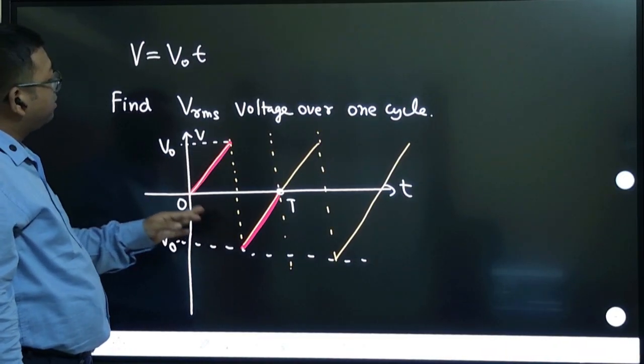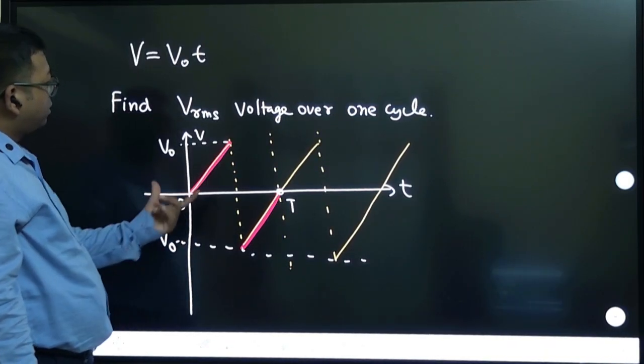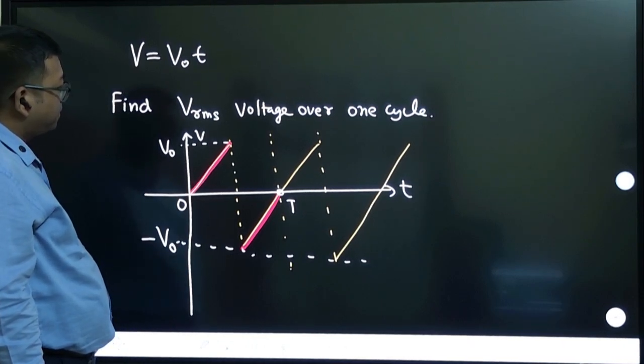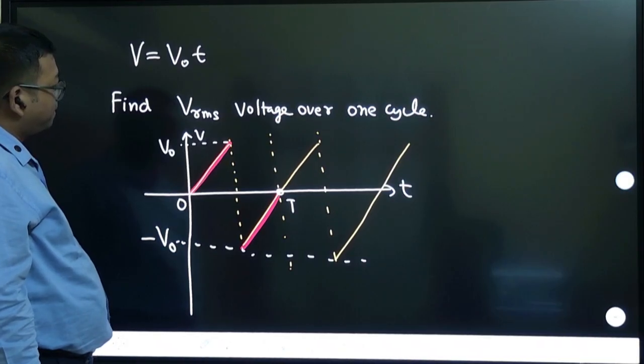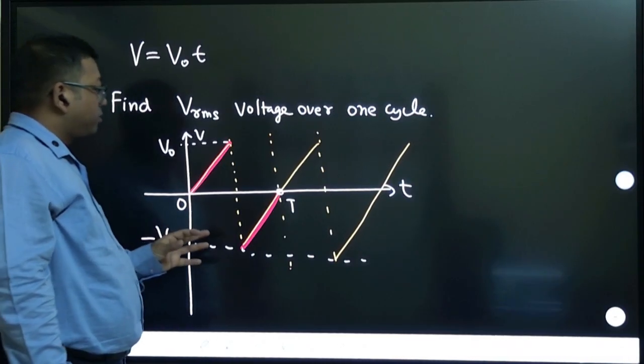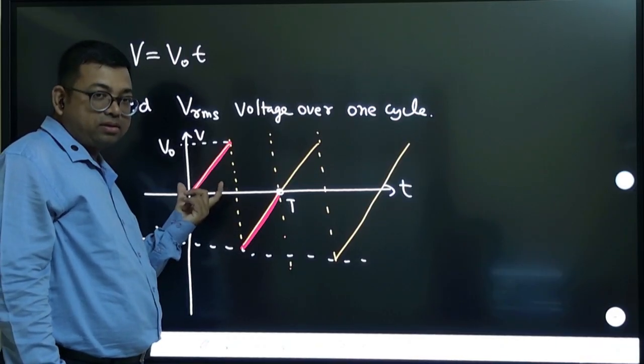For one cycle, no, see here, V naught by root 3, you calculated the RMS over half cycle, right?